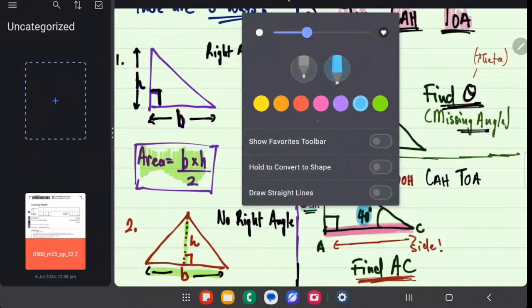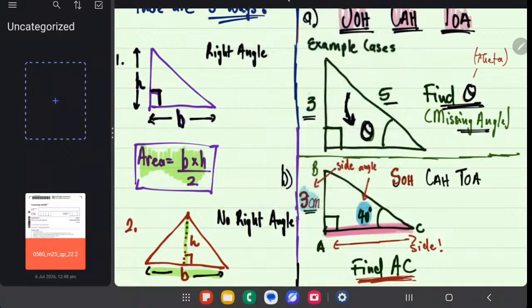In situation number one, I'm given two sides. They will always give you two things when you're looking for something which is missing. In part A, Alex, you are given a side 3 centimeters, another side 3 centimeters, and you are looking for a missing angle.